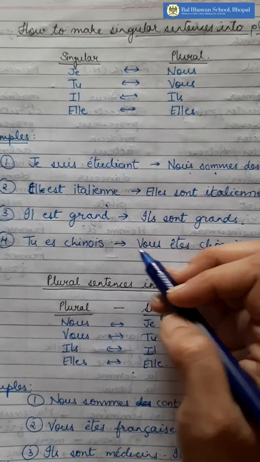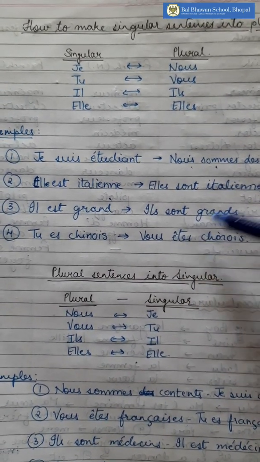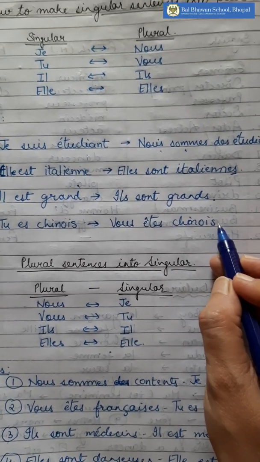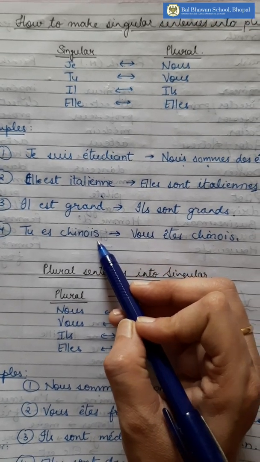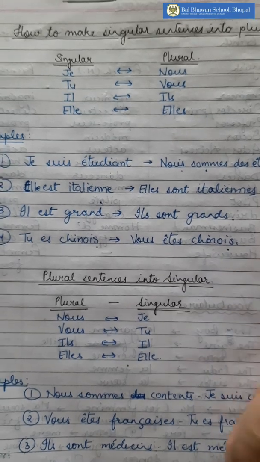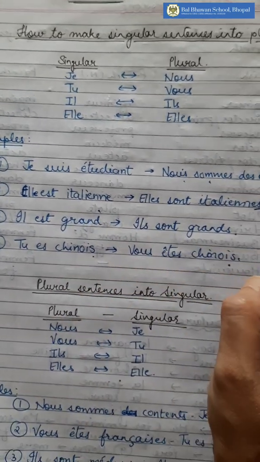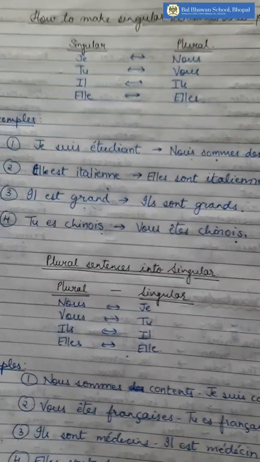Okay, so here tu es की जगह we will write vous êtes chinois, but here we are not writing an extra s. Remember this. Why? Because this spelling is already ending with s. ठीक है, तो यहाँ पे हम एक्स्ट्रा s नहीं लगाएंगे. हाँ, अगर यहाँ पे e होता, chinoise, then we put s here. Okay, ठीक है.